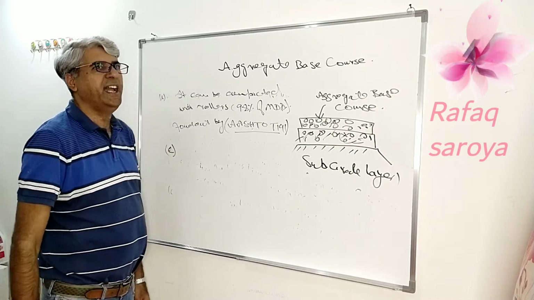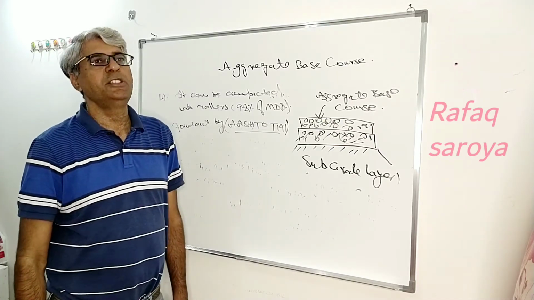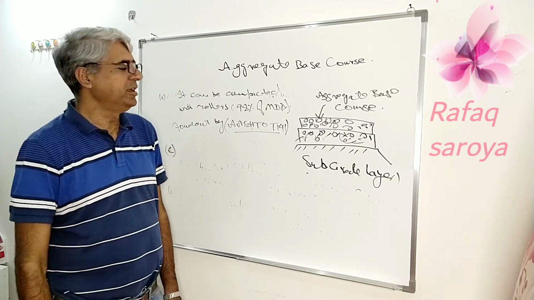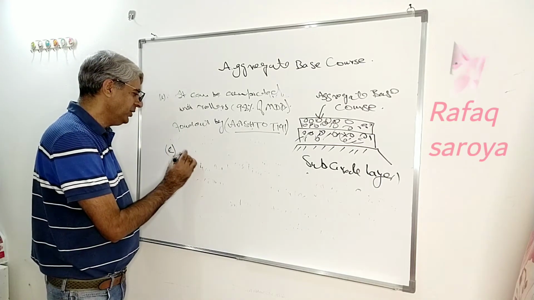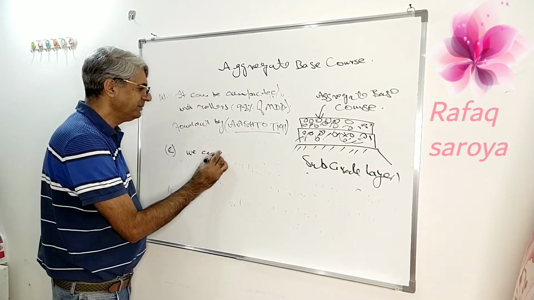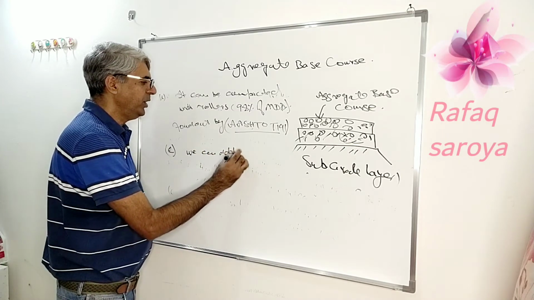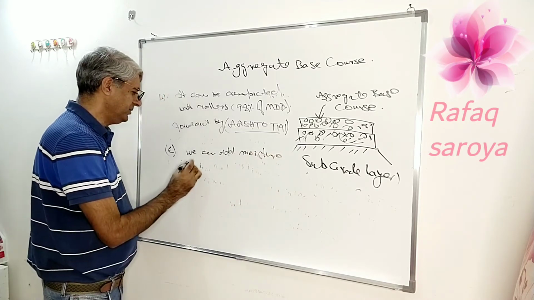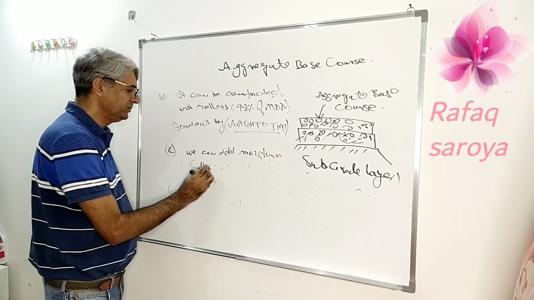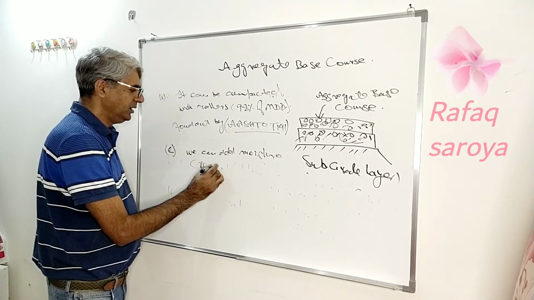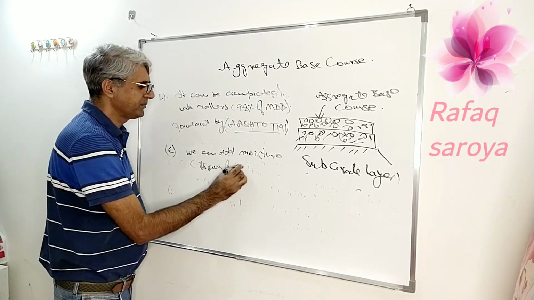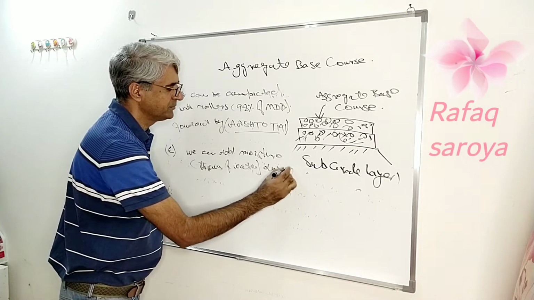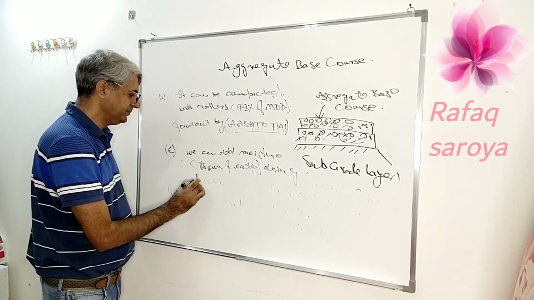And last point, if you feel that in this material moisture is not up to the required level, we can write down that we can add moisture. Moisture means throw of water during the compaction stage.